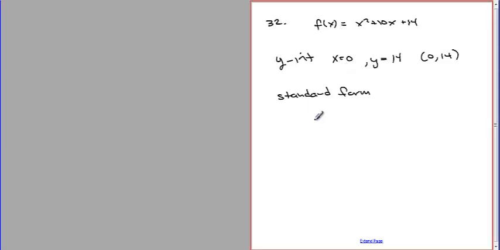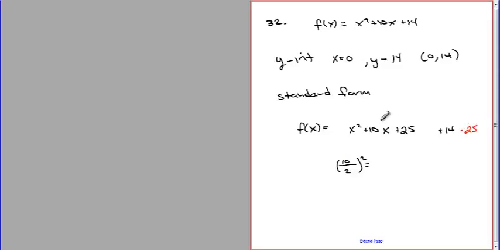So standard form, you take the first two terms, kind of isolate those a little bit, put the constant over to the right, take the coefficient in front of the x, divide by 2, which is 5, square it, which is 25, so add 25, and we subtract 25.